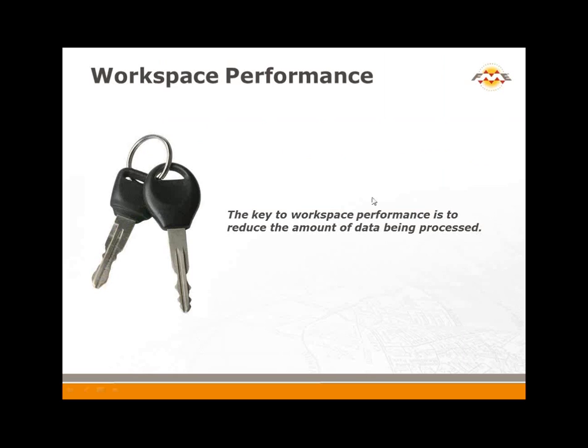Okay, so what I'm going to talk about today is obviously workspace performance, and if it's not being too obvious, the key to workspace performance is trying to reduce the amount of data that you're handling. Obviously, I don't mean what your source data is, I mean the amount that we're passing through FME and how we process it.